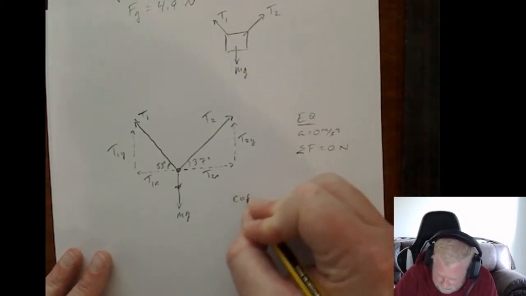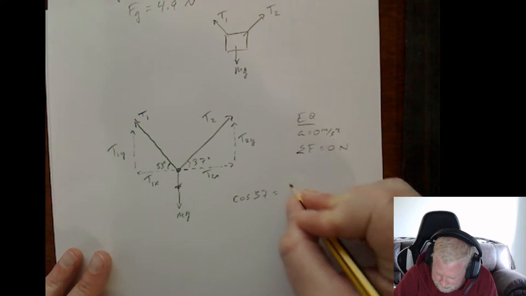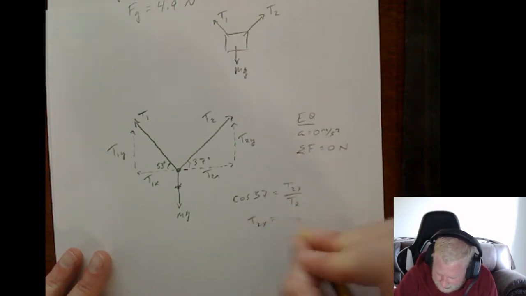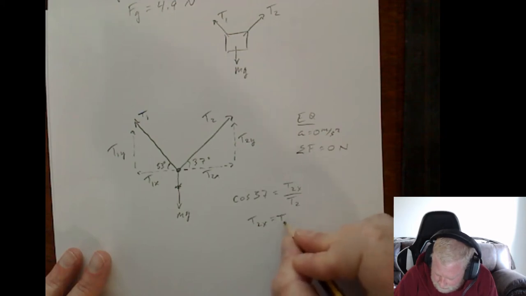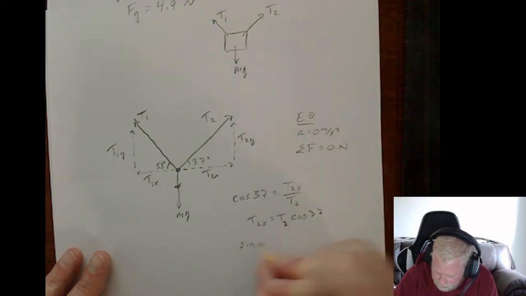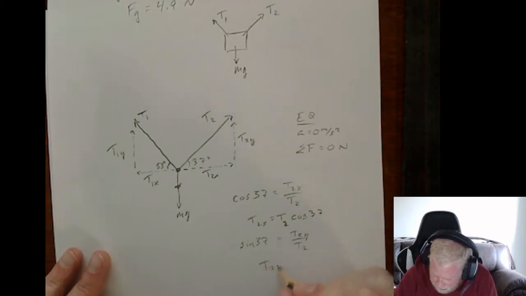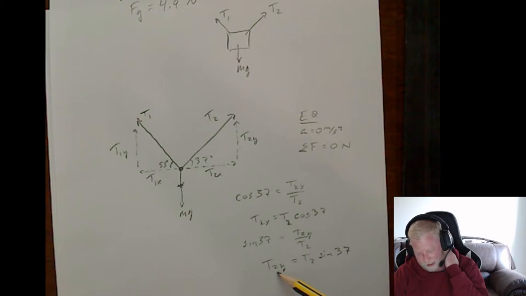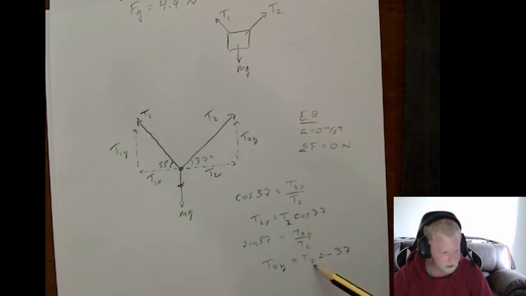The cosine of 37 is adjacent over hypotenuse. So T2x can be written as T2 cosine 37. Likewise, sine of 37 is equal to T2y opposite over T2 hypotenuse, so T2y can be expressed as T2 times the sine of 37. So now we've taken these two unknown variables and put them in terms of a single unknown variable.